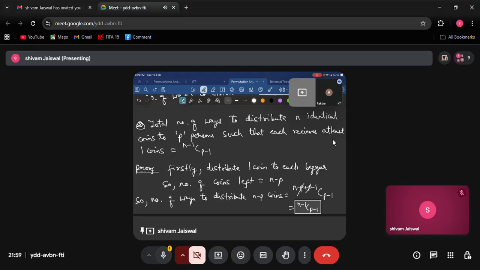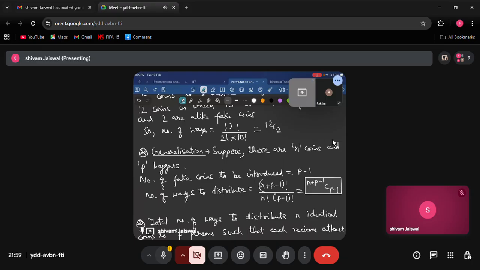Number of fake coins you have introduced is p minus 1, right?